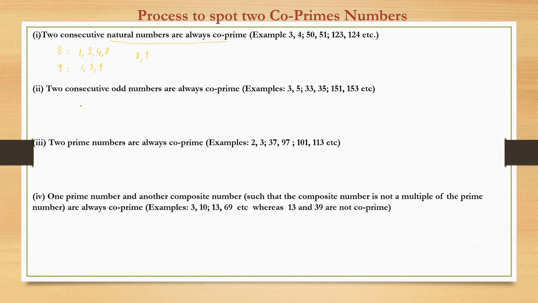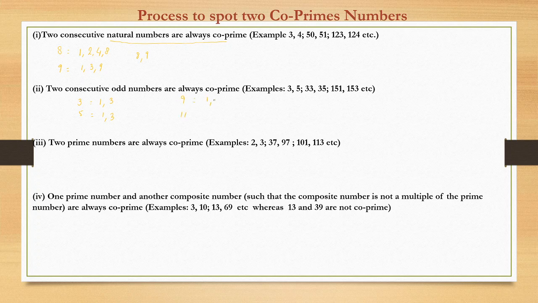Similarly, if we see two consecutive odd numbers, say suppose 3 and 5. 3 has factors 1, 3, and 5 has factors 1, 5. So 3 and 5 are both prime numbers. But even if not a prime number, let's suppose 9 and 11.